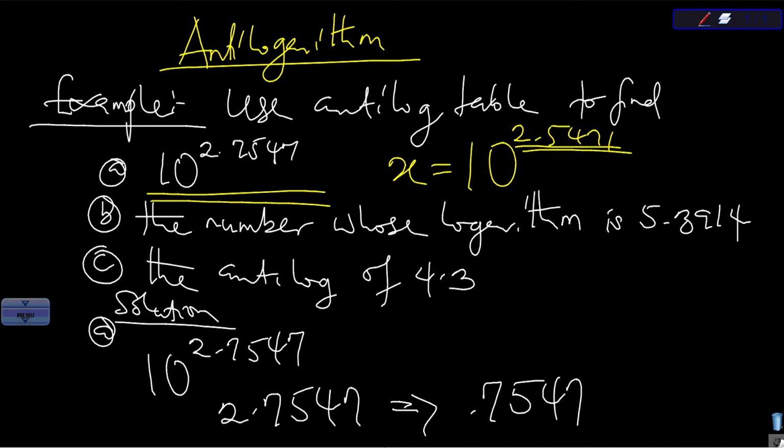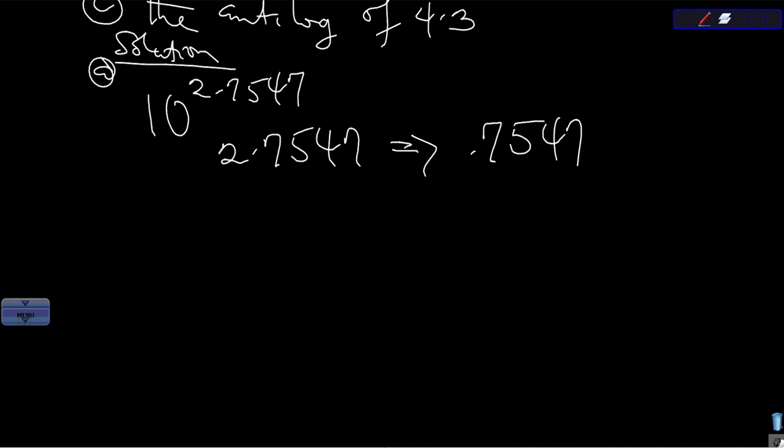You have to go to your antilog table and check for 75 under 4 difference 7. When you check it properly, you are to get 5684.